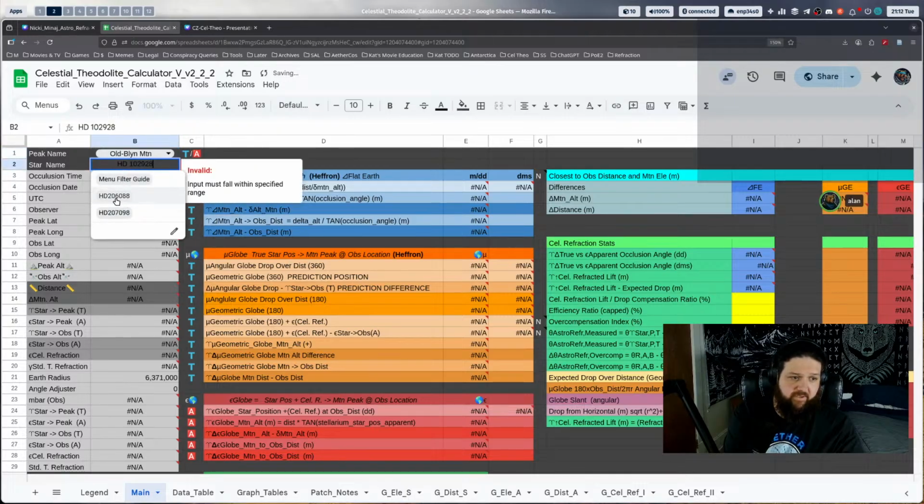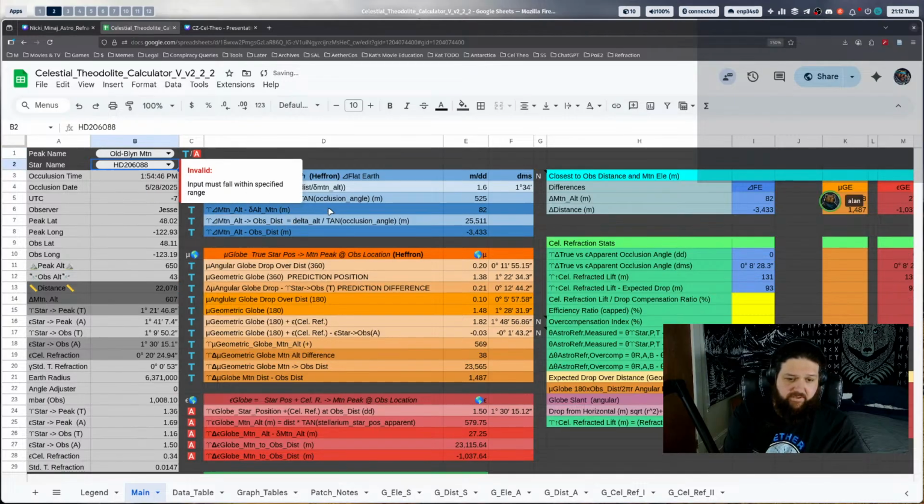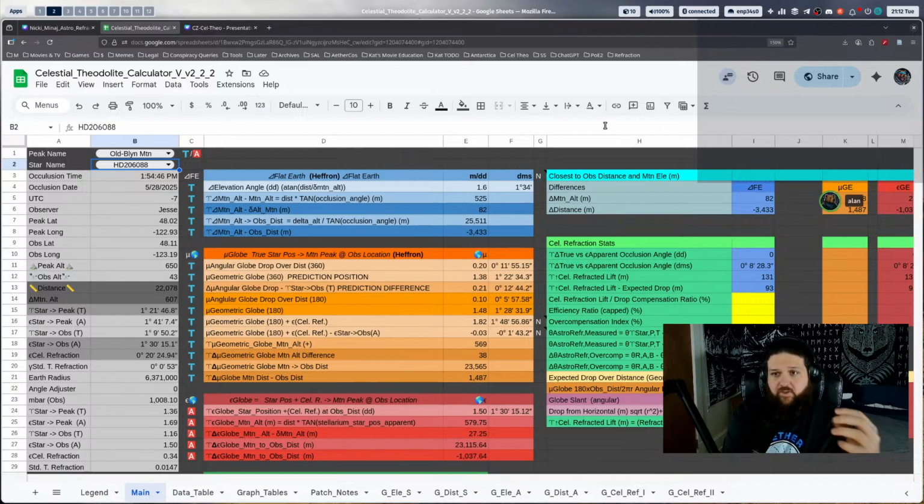Now this is particularly interesting because we now have the reverse scenario of the 1-to-1 lift, where the star's true position is below the peak, so to speak, but it's being lifted up. Well, in this case, the star's true position is below the peak, but it's already lifted up. So when the star's true position and the peak intersect, it should immediately become visible per their premise and basis of how they're interpreting this 1-to-1 ratio of refraction.